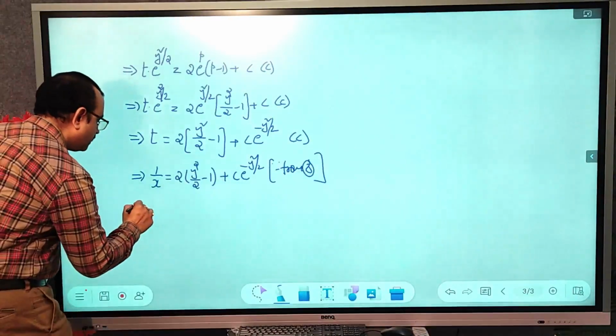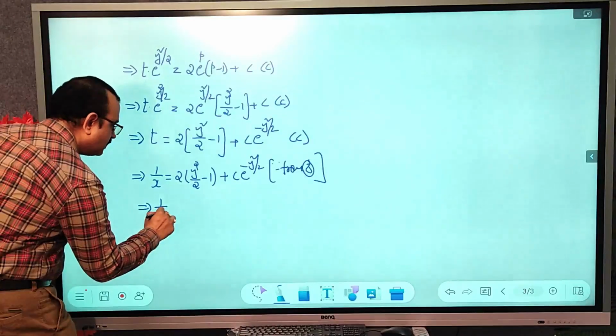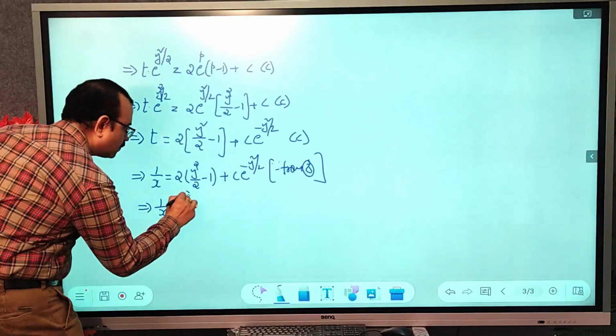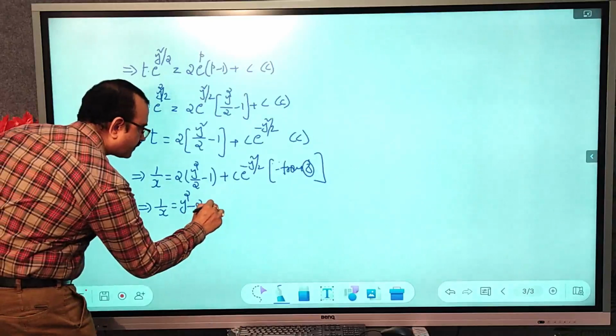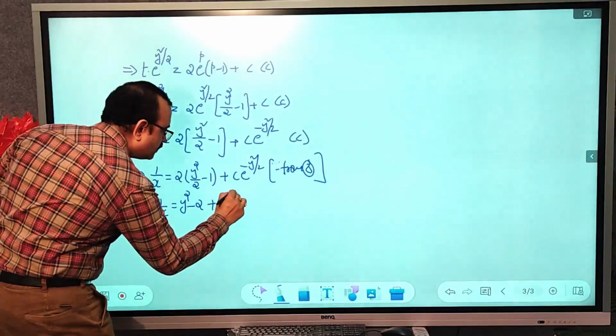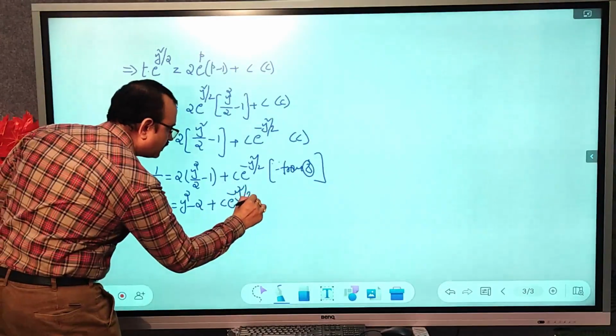If you want, you can simplify this also. So 1 by x is equal to y square minus 2, plus c, into e power minus y square by 2.